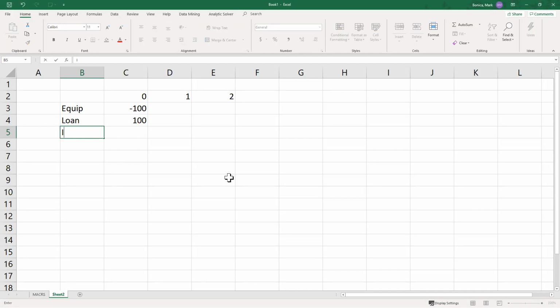So we've got a loan. If we have a loan, we have interest expenses. And our interest expenses were going to be 10% of the amount borrowed. So that was going to be 100. So our interest expense is going to be 10% at the end of each year.